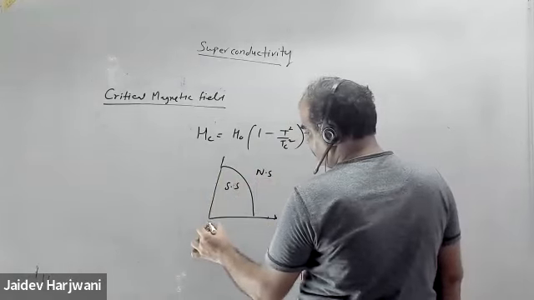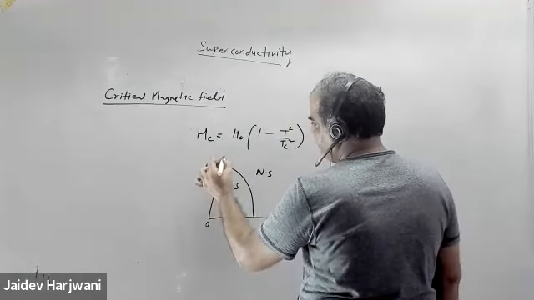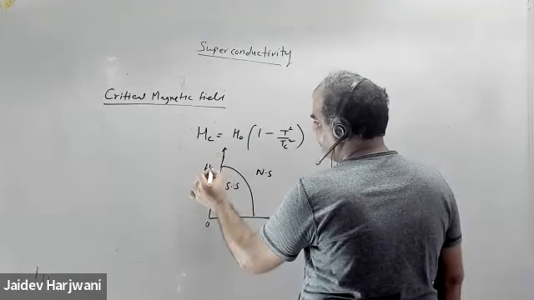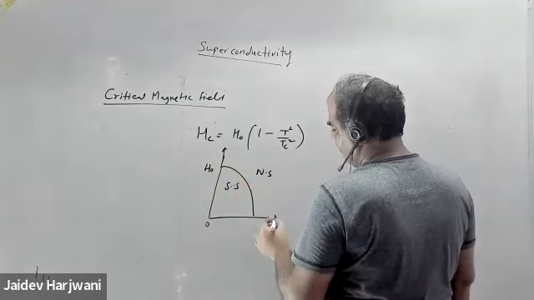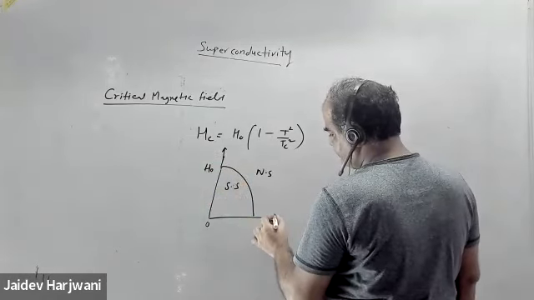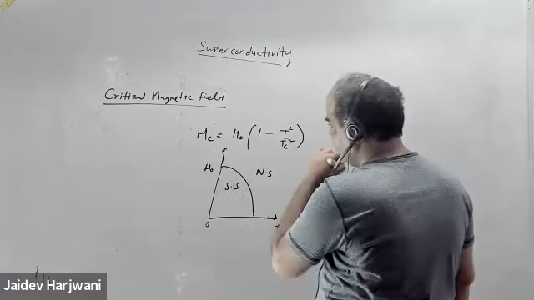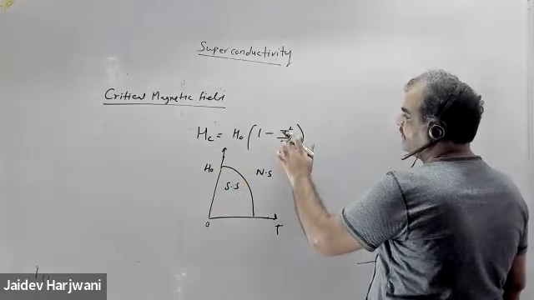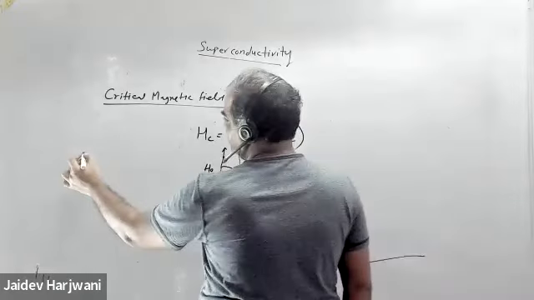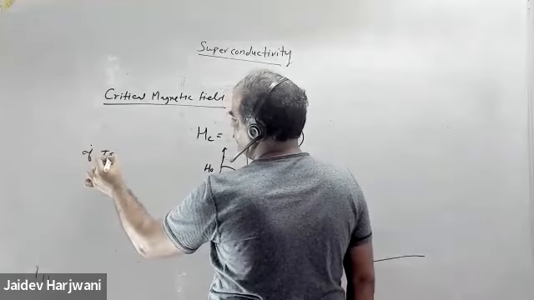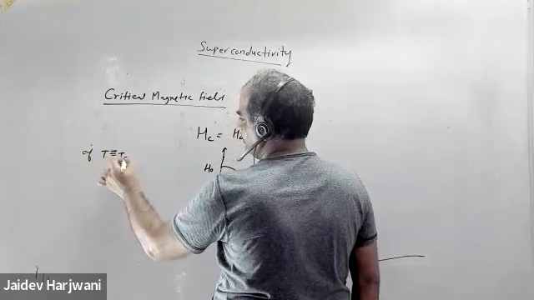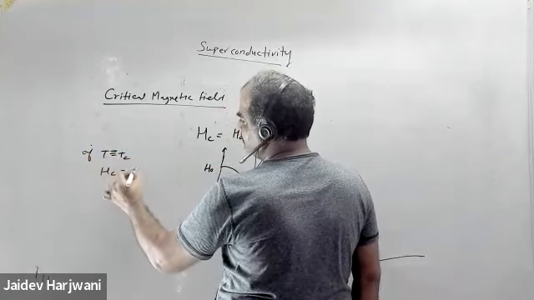So at T equal to 0, if you apply magnetic field, you need critical field equal to H naught. And at T equal to TC, you need magnetic field equal to 0. So if T is equal to TC, then you require HC equals 0.